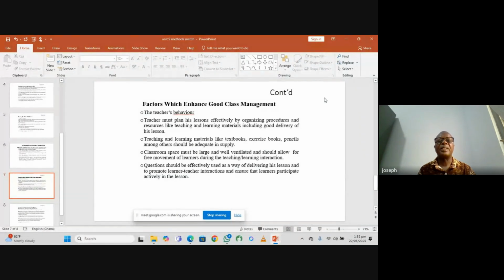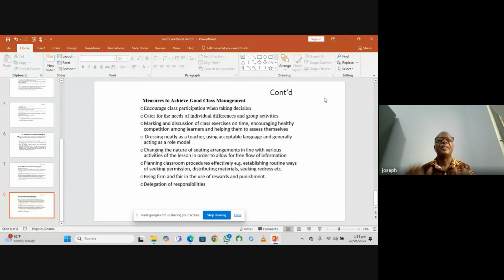Questions should be effectively used as a way of delivering your lesson to promote teacher-learner interaction and ensure that the learners are actively involved in the teaching and learning process. Encourage class participation when taking decisions.